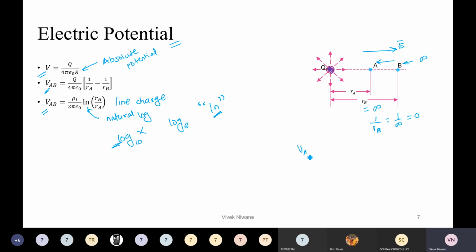So in the expression for electric potential due to a point charge, 1 upon Ra minus 1 upon Rb, here Rb term is 0, therefore VAB is equal to Q upon 4 pi epsilon 0 into 1 upon Ra. Ra is the distance between the observation point and the point charge, which may be a line charge or a point charge.